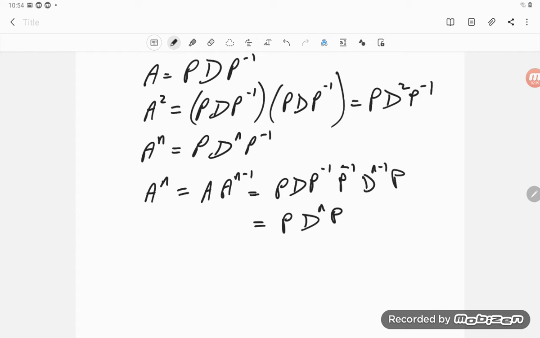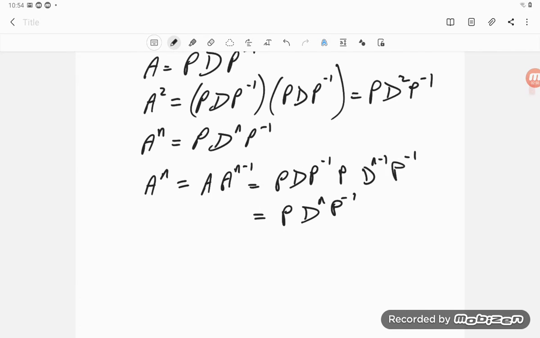I gotta change my inverse here. Like so. Okay, so that was our induction proof.